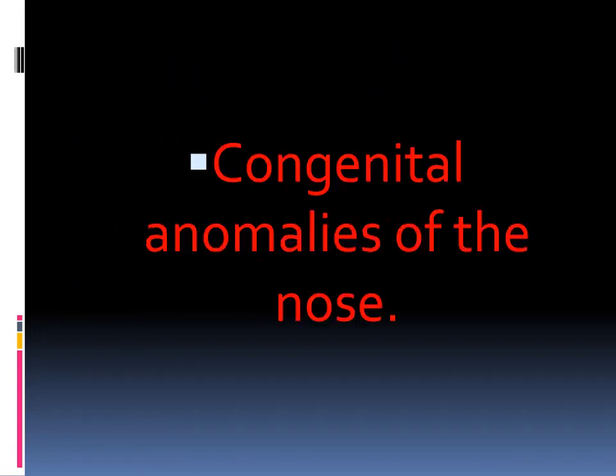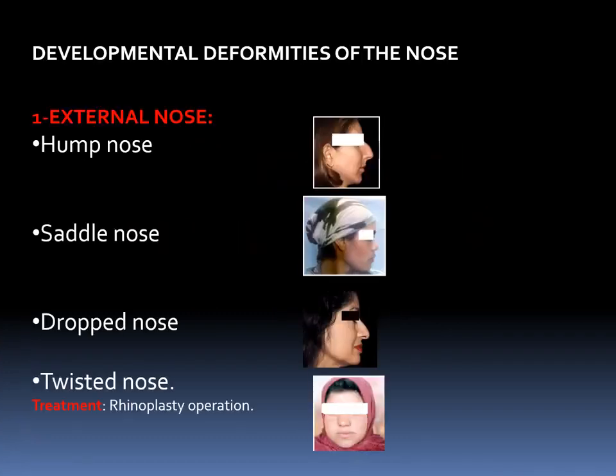So let's start with the congenital anomalies of the nose. There are developmental deformities of the external nose, like hump nose, like the first figure, as you can see, this woman has a hump or a nasal elevation.